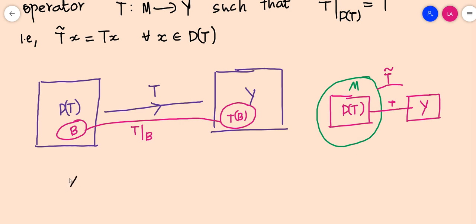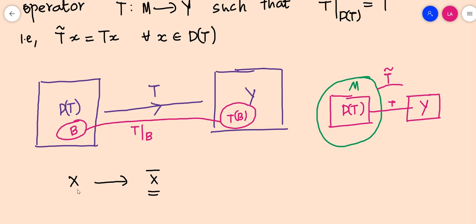So if you are given a space, it may not be complete. So if you add some elements, or if we take the closure, onto X, we get a bigger set which is denoted as X tilde or X bar, which may be complete.